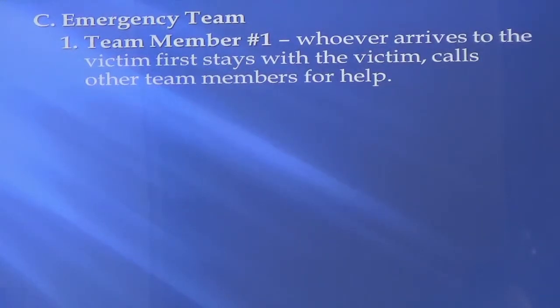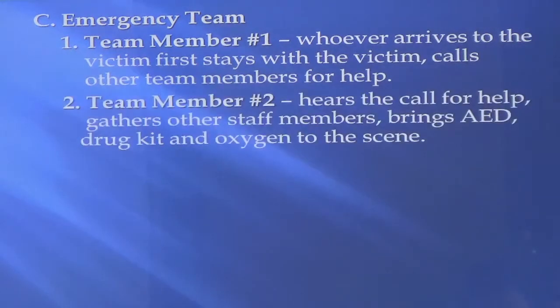Whoever gets there first is usually the number 1 team member, and he'll start calling names or calling for people to go call 911. You go get the oxygen, you go get the emergency kit, you go call the doctor, if the doctor isn't there. Team number 2 hears the call for help, gathers other office members, brings the AED, drug kit, and oxygen to the scene.